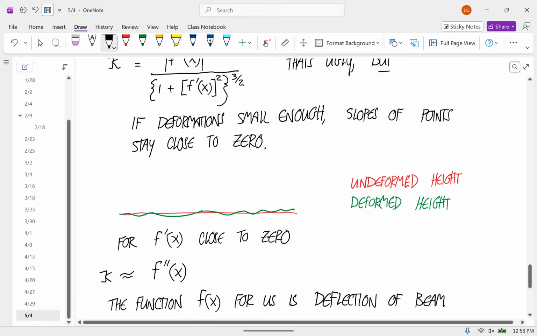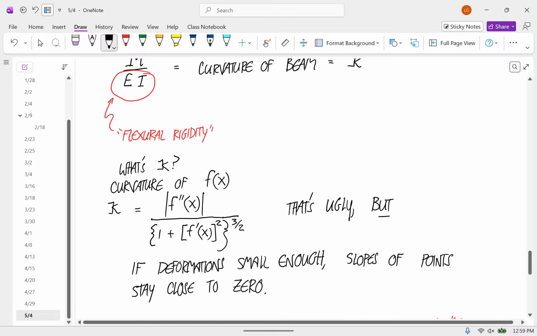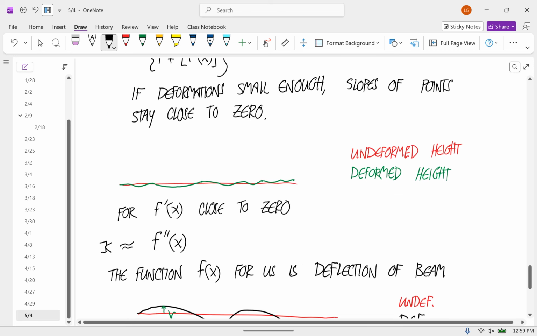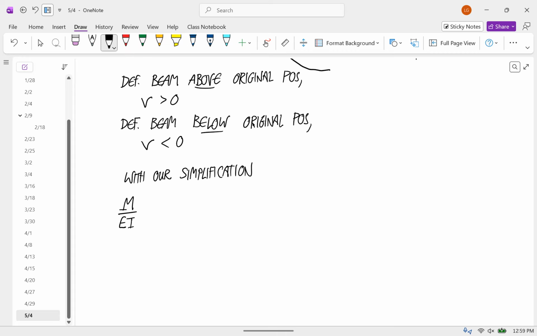So before we had that M over EI was equal to this hideous expression for the curvature. Now we have a nice expression for the curvature, and we can write this as internal bending moment over E times I is equal to the second derivative of the deflection as a function of x. Okay, so that made our lives way, way better.